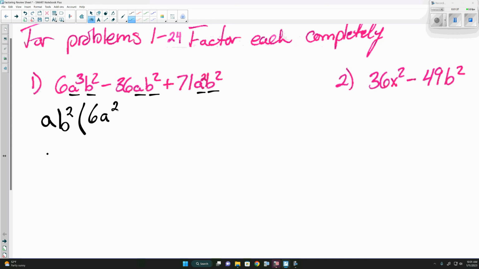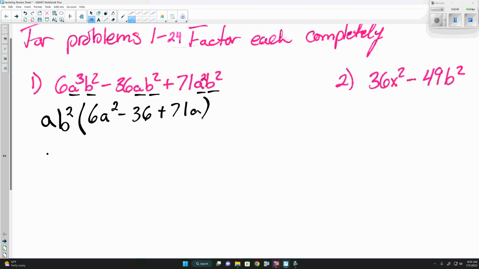The b squared factors out completely. Minus 36. If I take 1 away from the single a there, it factors out completely. Plus 71. If we factor an a away from a squared, we're left with a. And the b squared factors out completely.